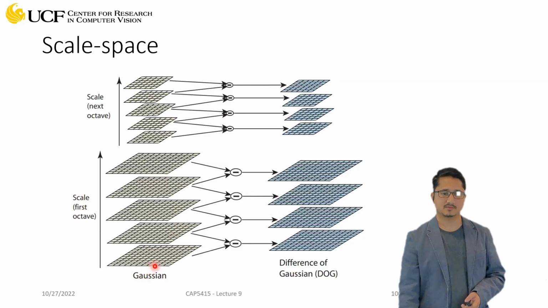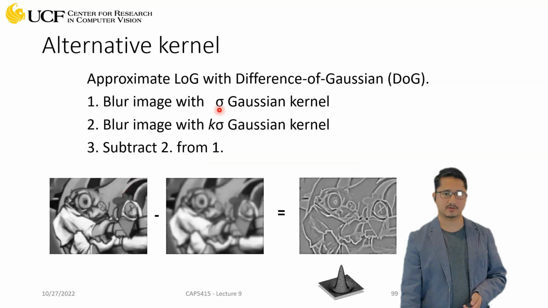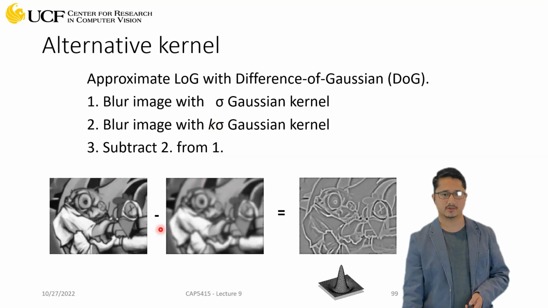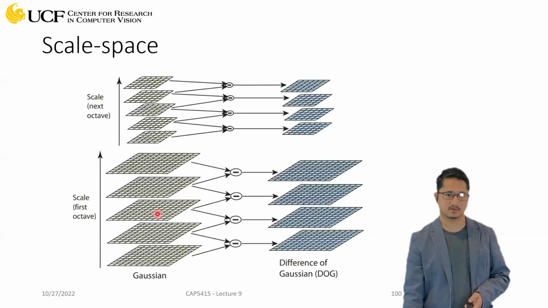You can simply use multiple scales of Gaussians. For example, in this case, you have just sigma and k sigma, but you can have multiple scales. You just keep multiplying with k, the multiplicative factor, and you can compute smoothened images like these. That will be your smoothened image, and then you can just keep subtracting them.